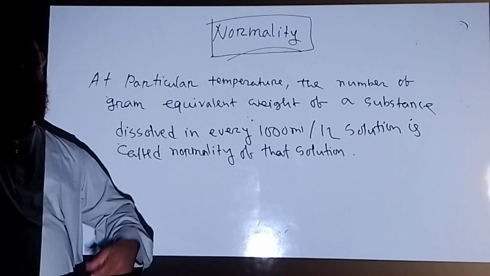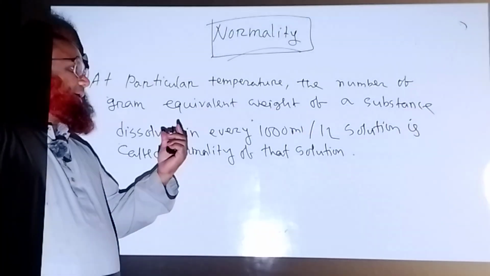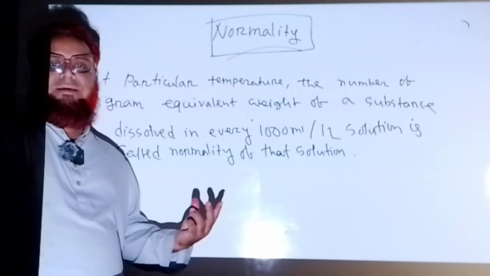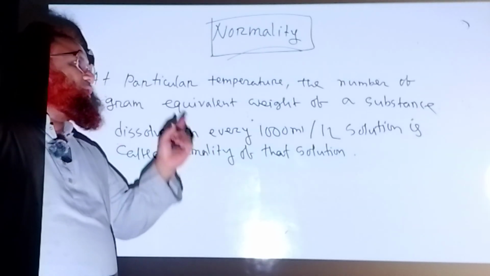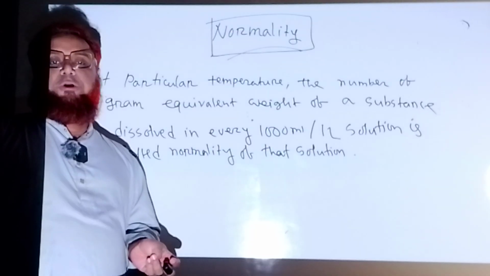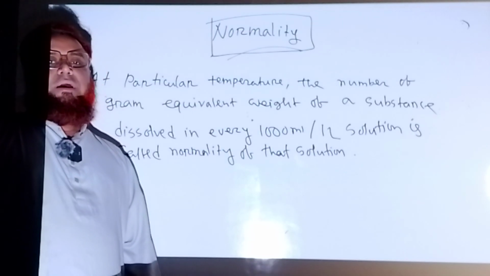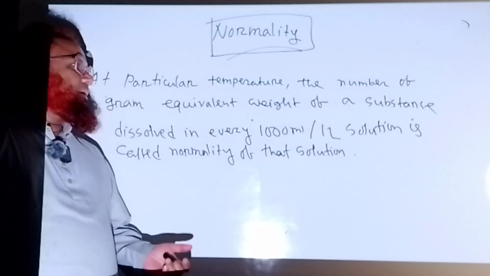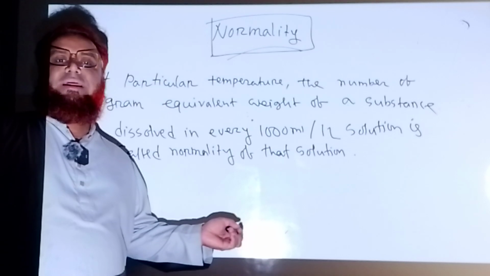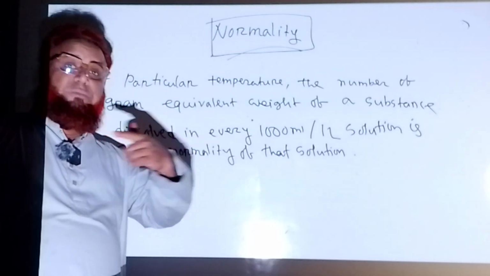So, here temperature is counted because volume is related. Okay. In molality, temperature is not required to mention in the definition because that is not related to the volume. You know that temperature is related to the volume and vice versa, but not mass. So, when your molality is counted, temperature is not mentioned because mass is not changed with temperature, but volume is changed.